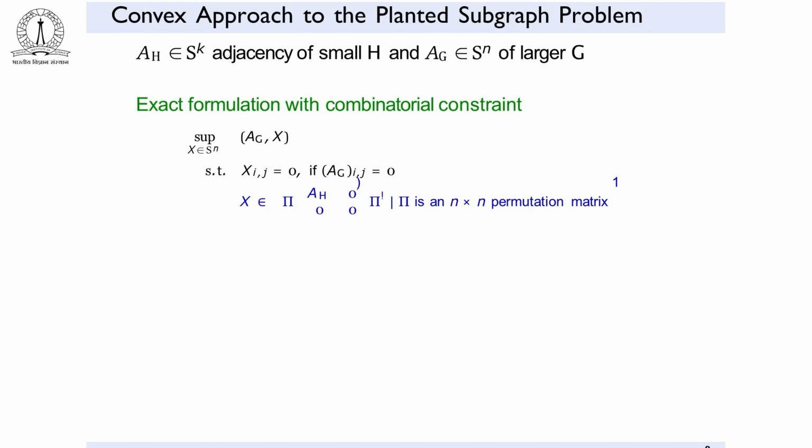Suppose we were to try to write down a convex approach, a convex relaxation, to solve the planted subgraph problem. How would this actually go? And let's see where we first hit a stumbling block. And then we'll develop our framework to resolve that stumbling block.